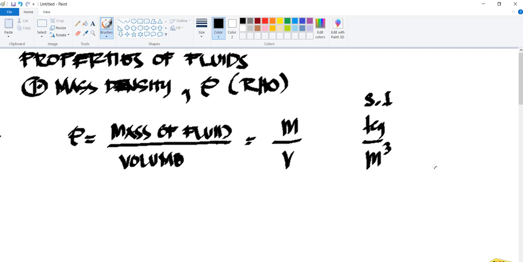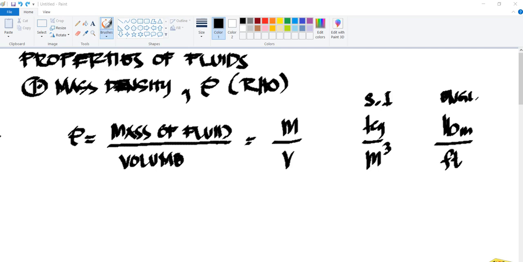Or in English units, we have pound mass divided by cubic feet, or it can be represented as pound mass per cubic inch.